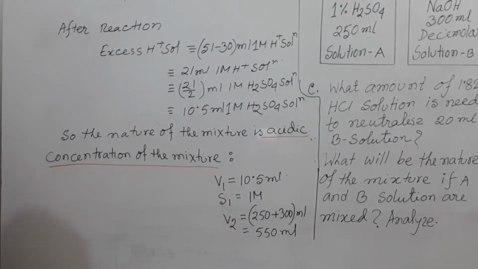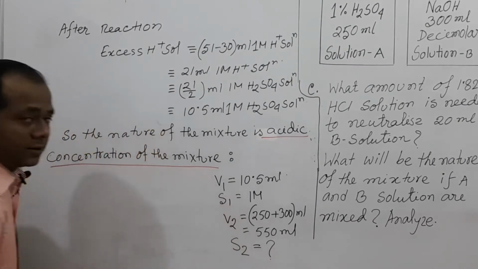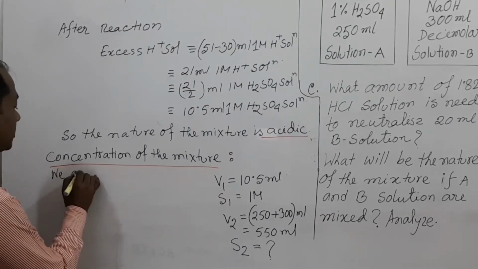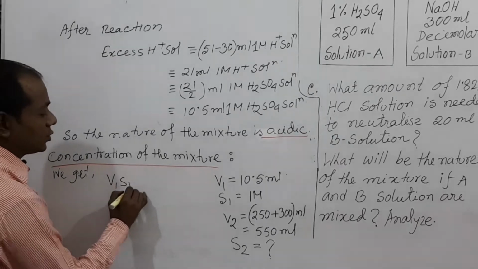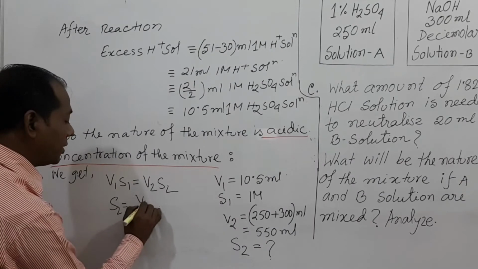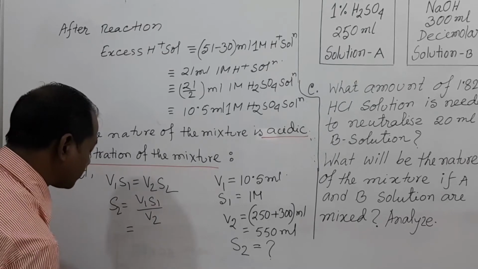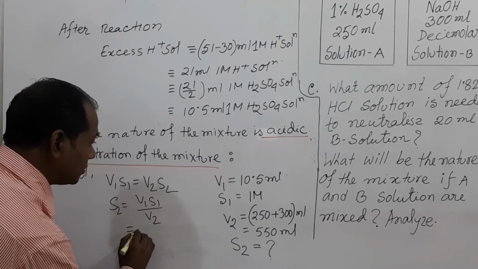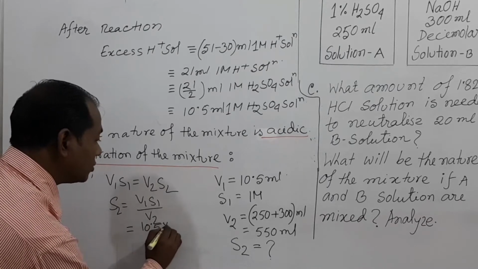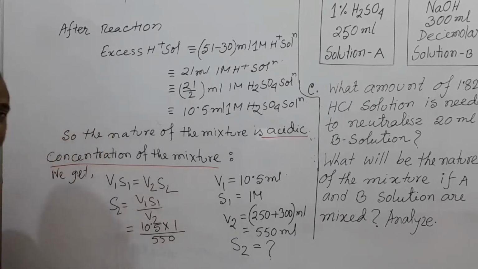550 ml. And what is the concentration? That means S2 equal to what? My dear students, we know that V1 S1 equal to V2 S2. So S2 equal to V1 S1 divided by V2. That means 10.5 into S1, 1, divided by V2 equal to 550.